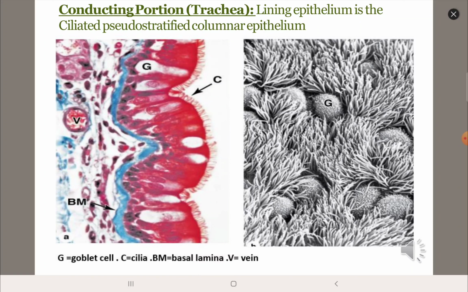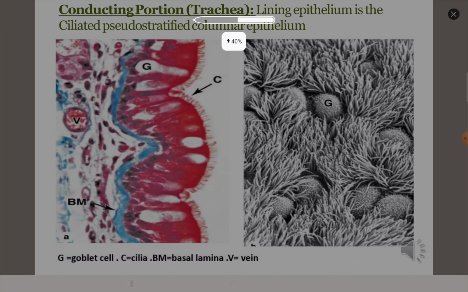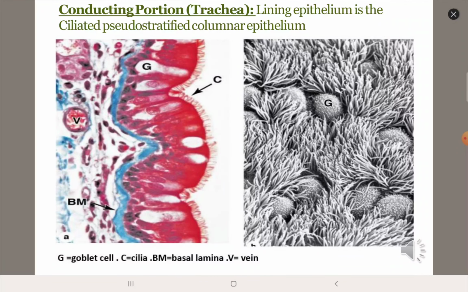Here we can see the cavity of the organ or the surface lining of the trachea, and this is the epithelium, starting from here to here, somewhat reddish in color, and you can see the cilia on the surface of the trachea. This is the full thickness of the epithelium.